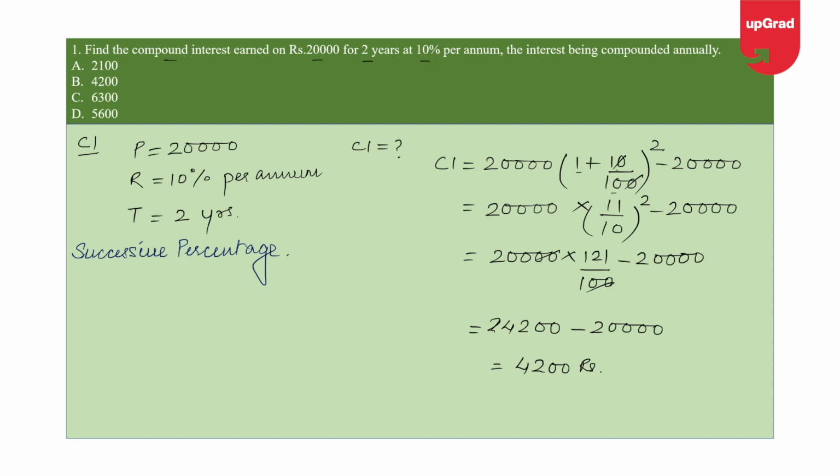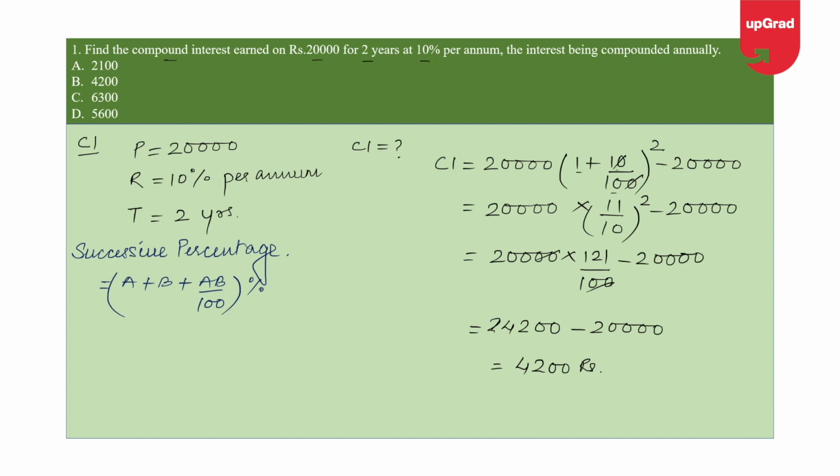Specifically, with compound interest in the picture, we must know this. So what is the formula for compound interest with successive percentage? It is A plus B plus AB by 100 percent.